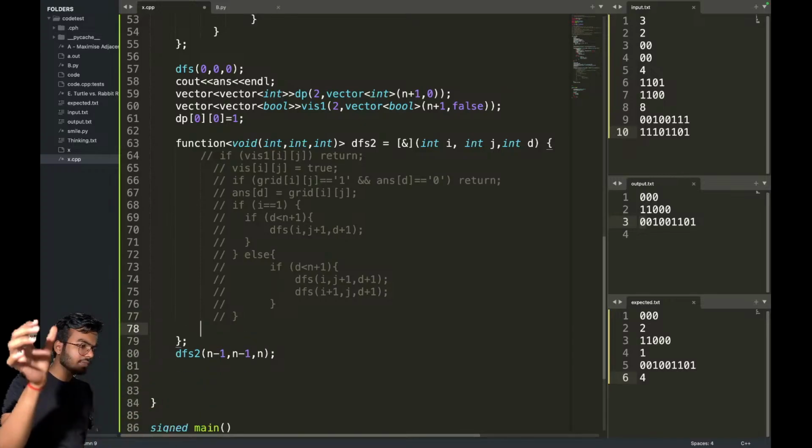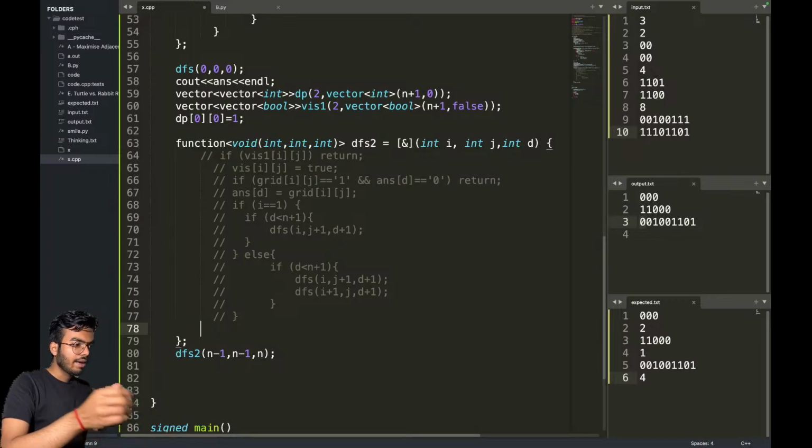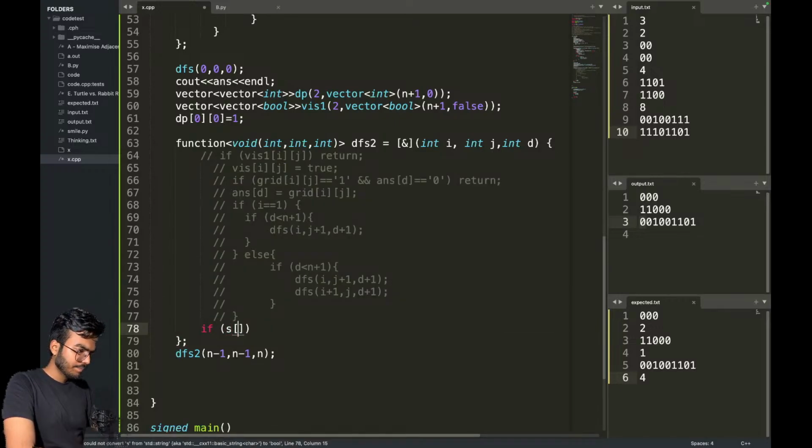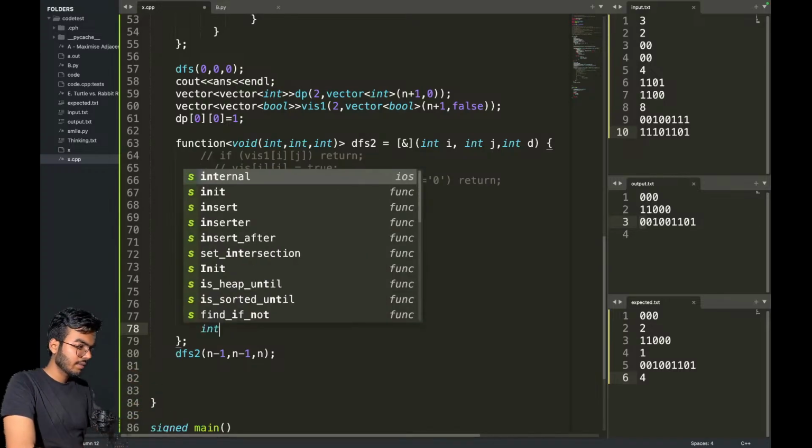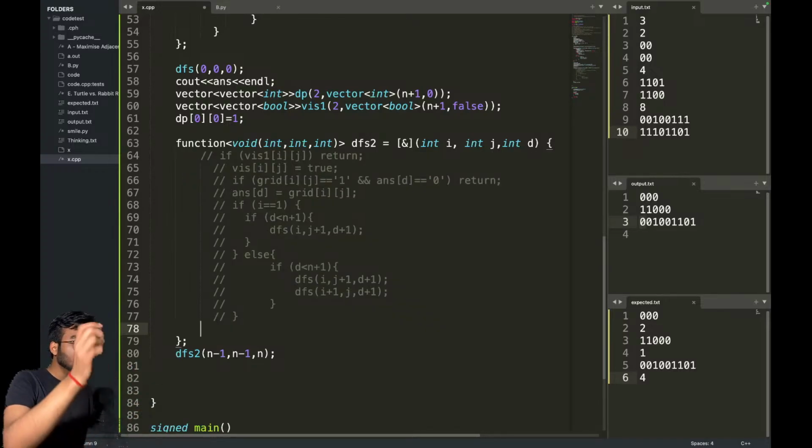Now if I am at the last index of the matrix, I have to check the second last. Can I go in the reverse order? First of all, if d equals 1, let's not do it like this. I have to check my next depth is n minus 1.